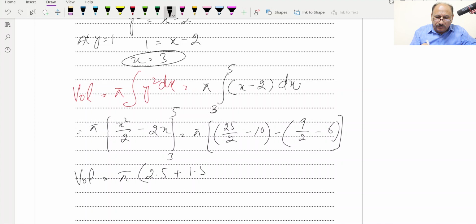So 2.5 plus 1.5 will be 4, so it will be 4 pi.